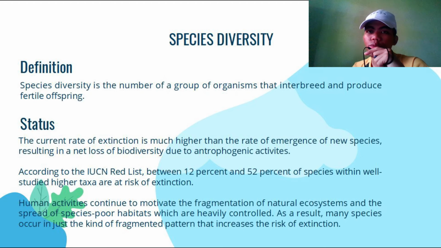Human activities continue to motivate the fragmentation of natural ecosystems and the spread of species-poor habitats, which are heavily controlled. As a result, many species occur in just the kind of fragmented pattern that increases the risk of extinction.